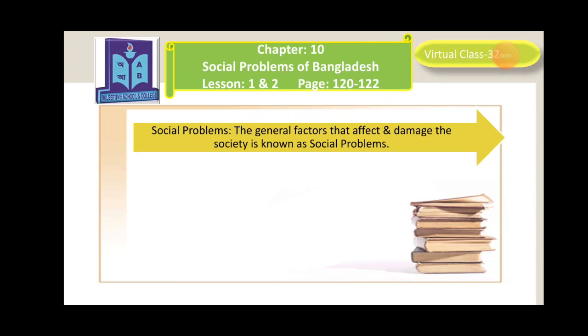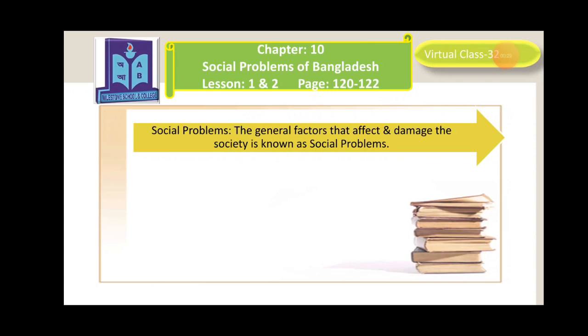So the definition of social problem: the general factors that affect and damage society are known as social problems. Side by side, we can also give another definition: any condition or behavior that has negative consequences for a large number of people is called a social problem.